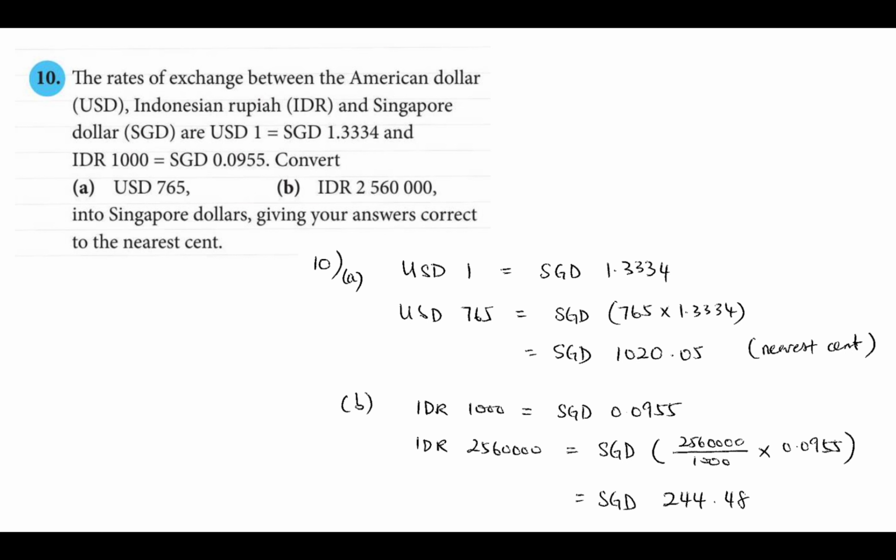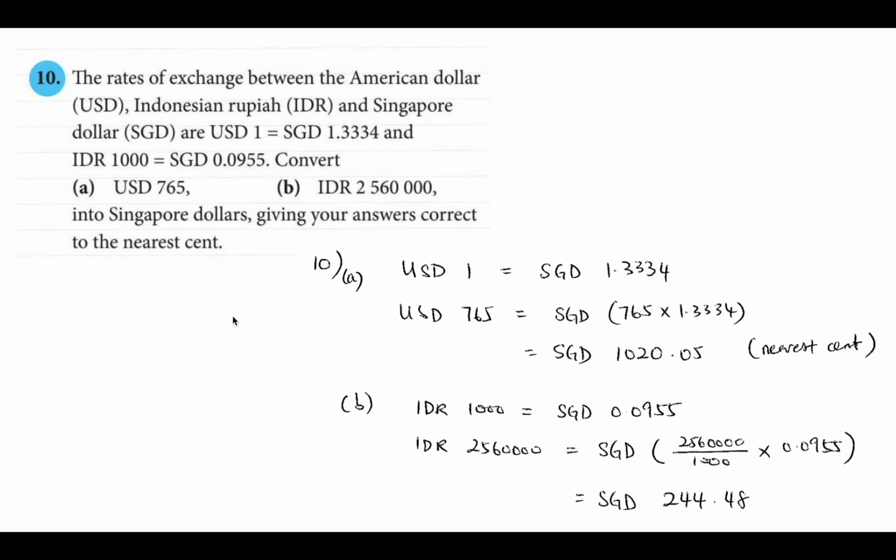So to convert USD 765 into Singapore dollars, 1 USD is 1.3334 SGD. So for 765, I just need to multiply by 765, right? So 765 multiplied by 1.3334 gave us $1020.05, right? The question wants us to round off to the nearest cents. That's what we will provide.